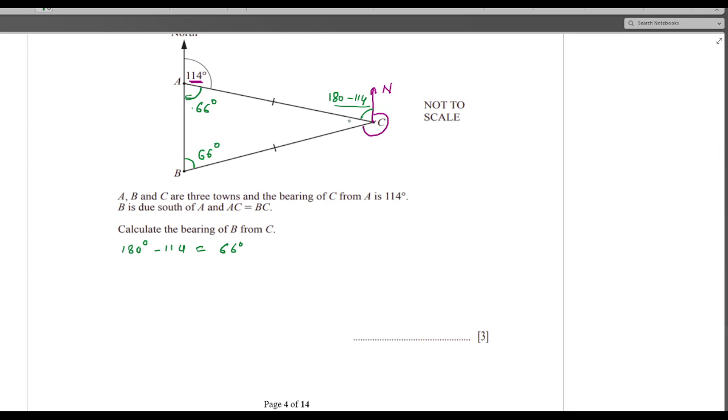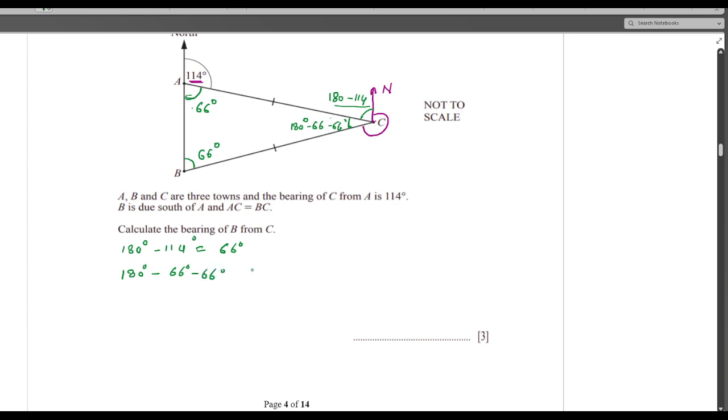So first let us calculate this angle: 180 minus 66 minus 66 will give you 48 degrees.